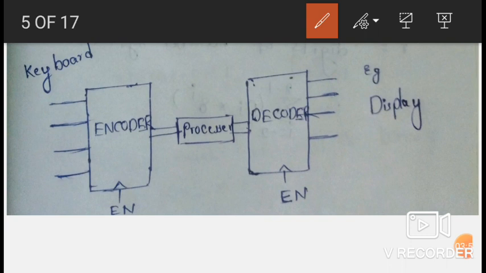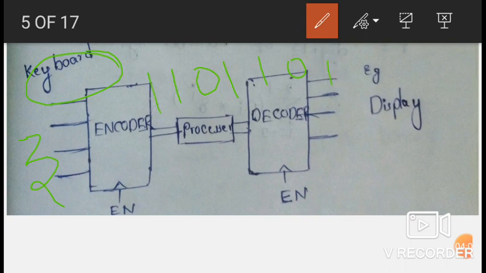If you enter any key from the keyboard, like if you enter Z, the Z will be encoded by the encoder, and the processor receives Z in terms of zeros and ones.